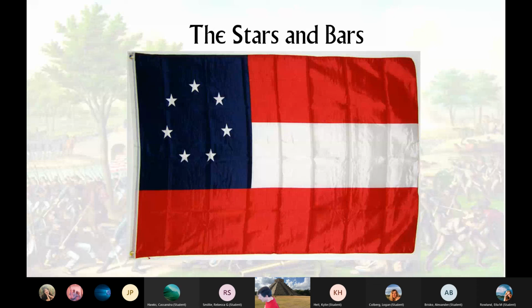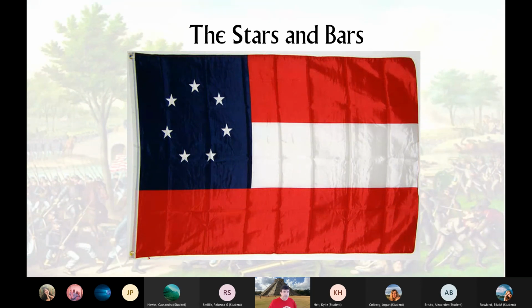It's very much based on the flag of Texas. And they kept the red, white, and blue. So in some way, this would be the flag till near the end of the war for the Confederacy. This is the flag that's known as the Stars and the Bars. And here's the original one with the seven stars of the Confederacy.